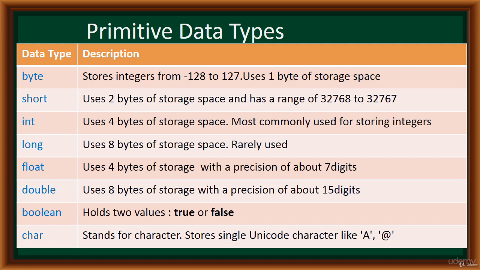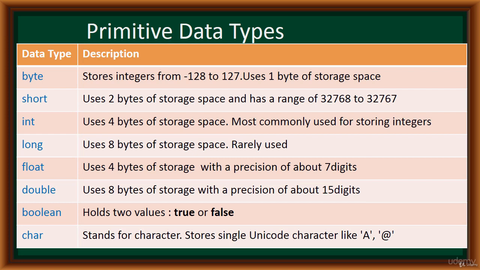The int data type uses 4 bytes of storage space. It is the most commonly used data type for storing integers, and it has the most practical range.